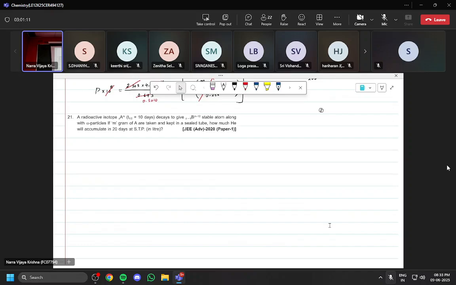A with Z and mass number M decays to B with Z minus 6 and mass M minus 12. That is stable. Half life is 10 days, and you are getting alpha particles. If m grams of A are taken and kept in a sealed tube, how much helium will accumulate in 20 days at STP in liters?